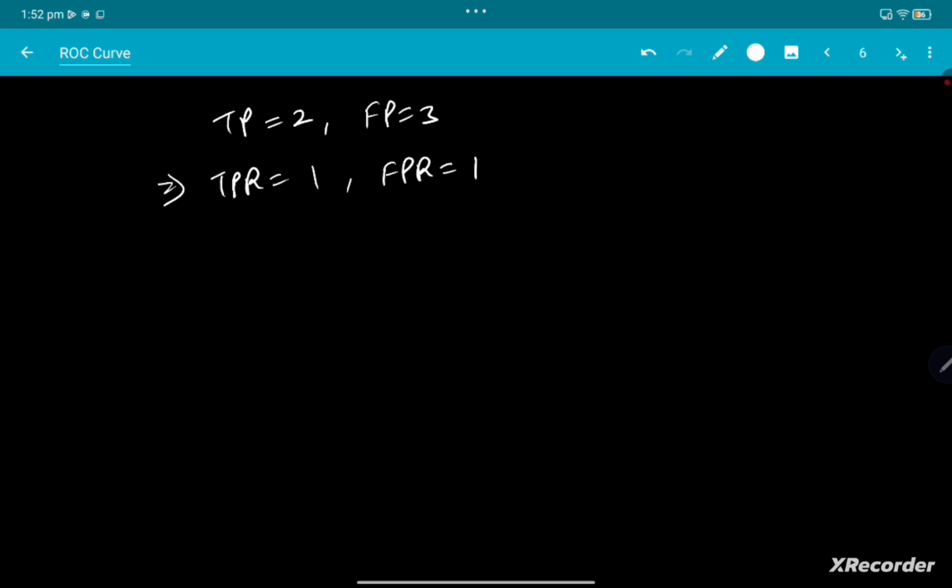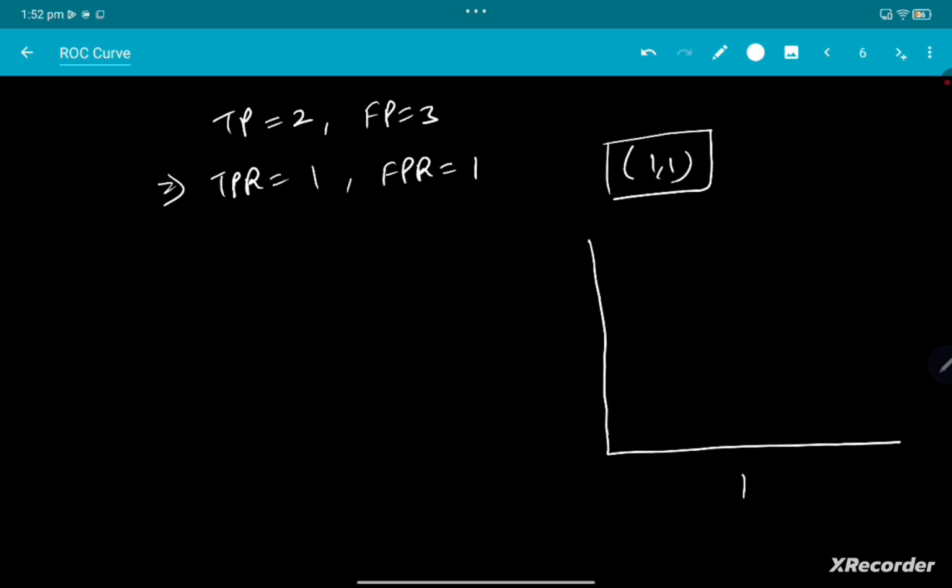Now if we plot these values in our ROC curve, we will obtain a curve which is something like this.